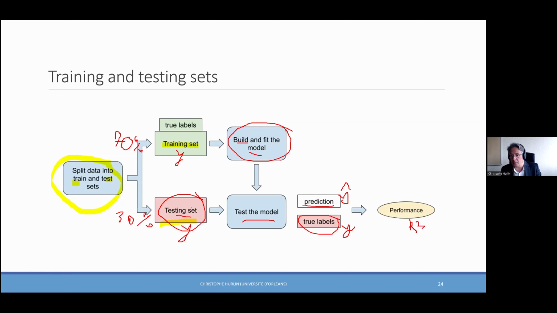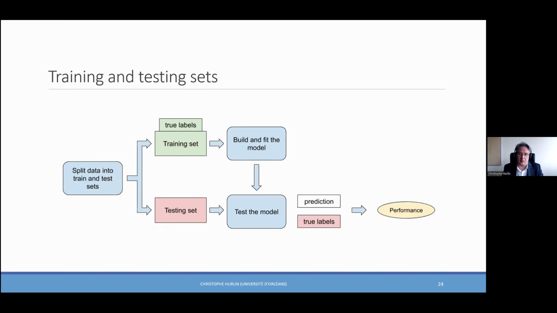For instance, you will compute the R-squared or the MSE, the mean squared error, or what you want for a regression, or the AUC, or the percentage of correct classification if you are in a classification problem. Is it clear for you? This is new compared to econometrics, because in general in econometrics, we didn't split the data set in the first stage of the analysis.